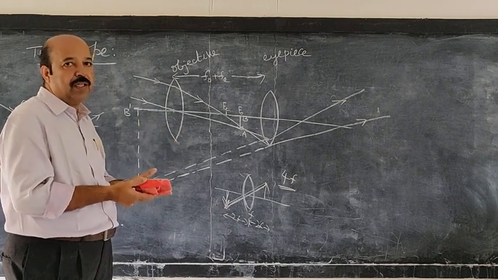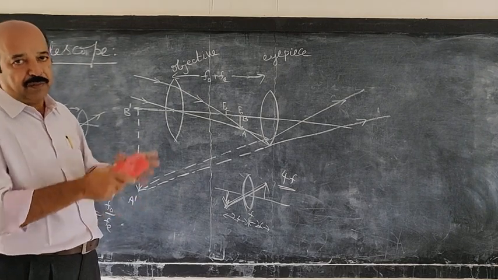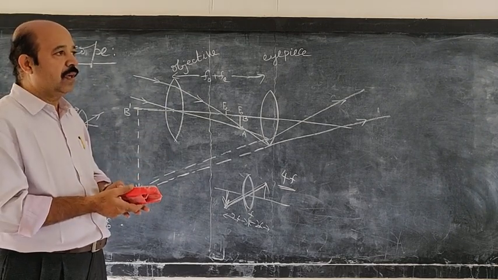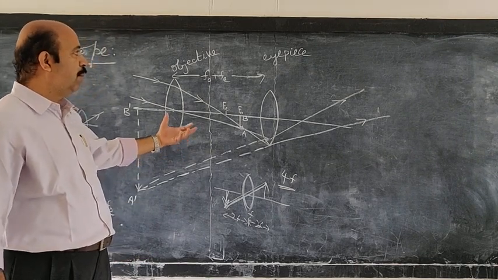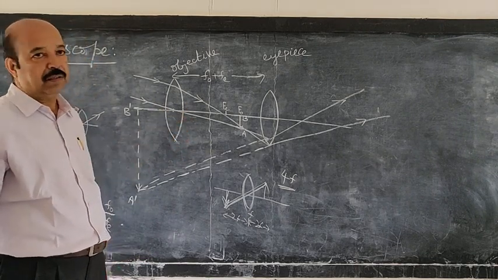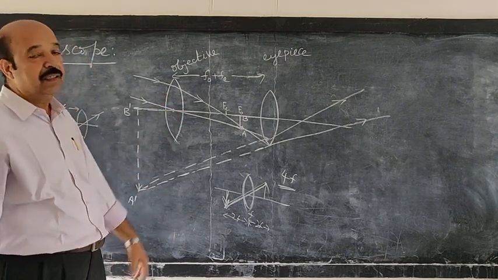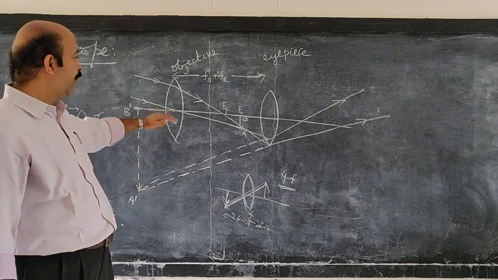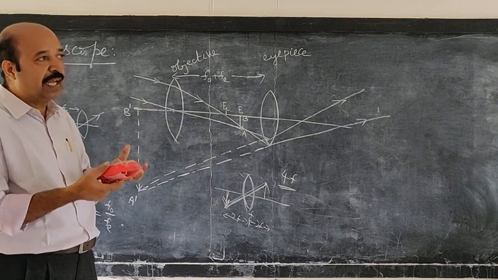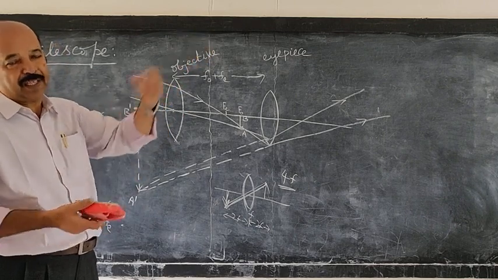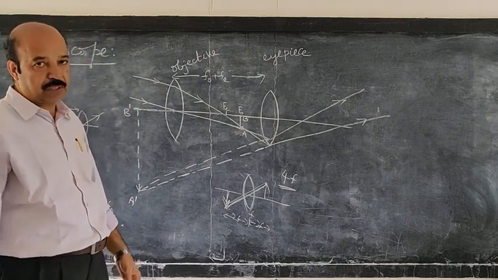So we use large aperture lenses in order to have a large field of view, and also the brightness or quality of the image depends upon the light gathering power of the lenses. Therefore, a lens of large aperture can gather more light from faint objects such as stars. That's why a large aperture lens is used.